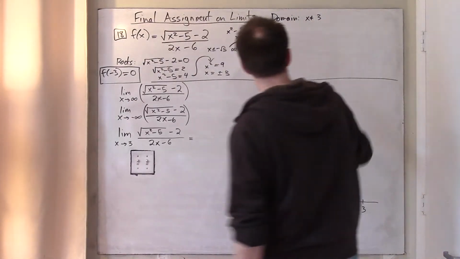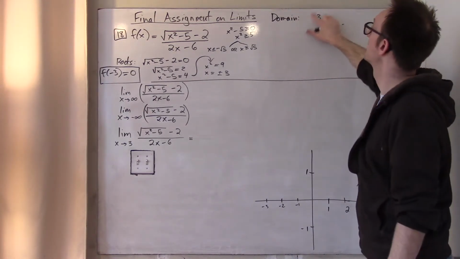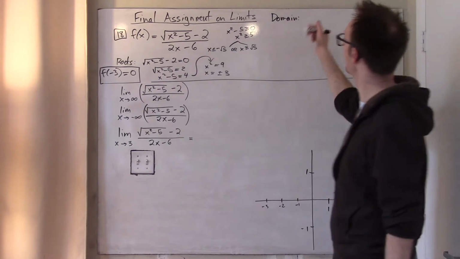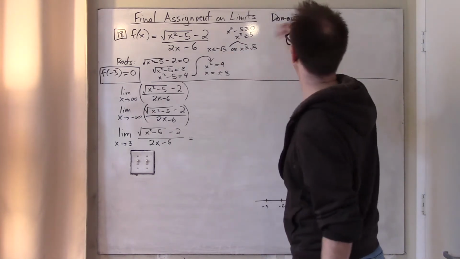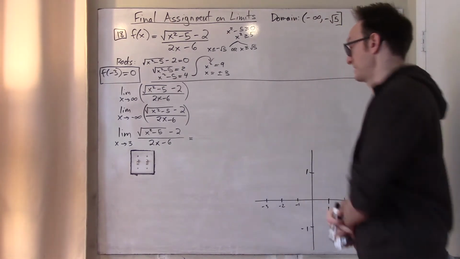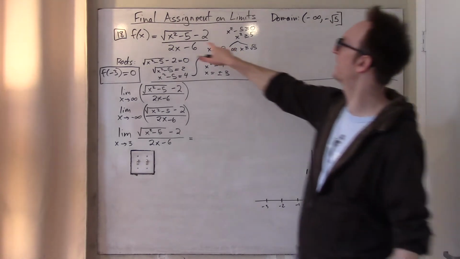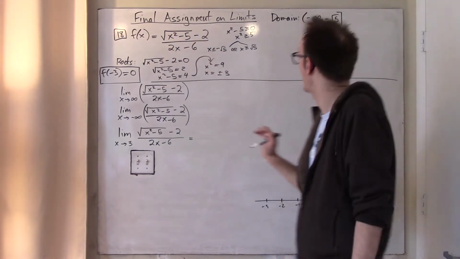Therefore, what's my domain? My domain is going to be, let's just write it out, everything from negative infinity to negative root 5, inclusive, because if I plug in negative root 5 I get 0 underneath the radical, so everything's okay.